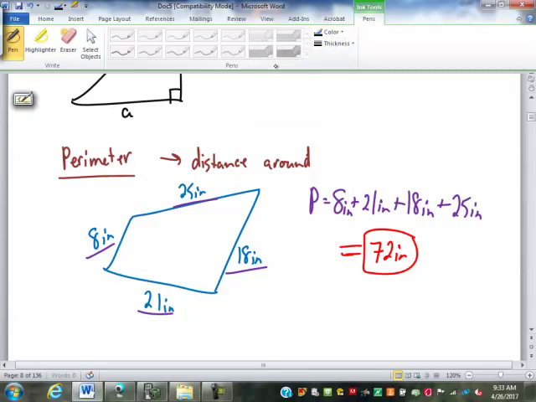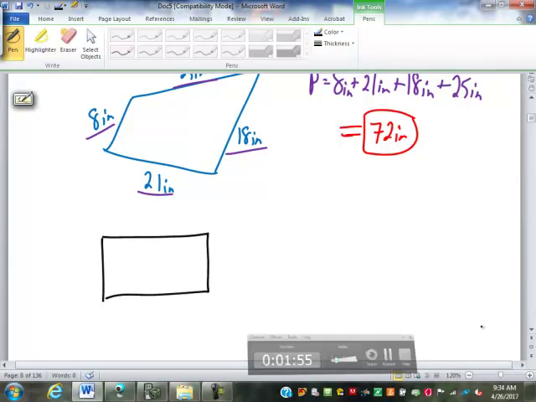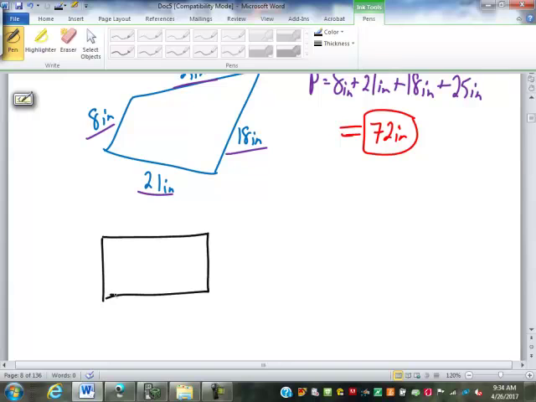We found with rectangles and squares there are going to be some shortcuts. So if we have a rectangle, pretend that actually looks like a rectangle, it's 8 inches on one side, 17 inches on the other.